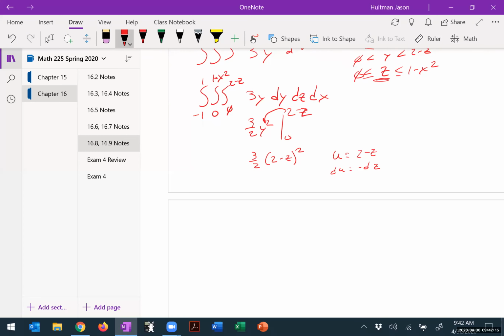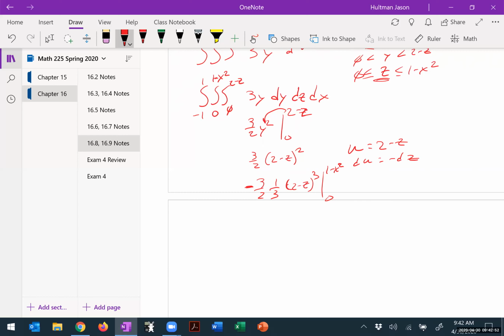It would just become 3/2 times 1/3 times 2 minus z cubed. I'm substituting back in, but I'd have an extra negative here, so this would be negative. Then I would evaluate that from 0 to 1 minus x squared.